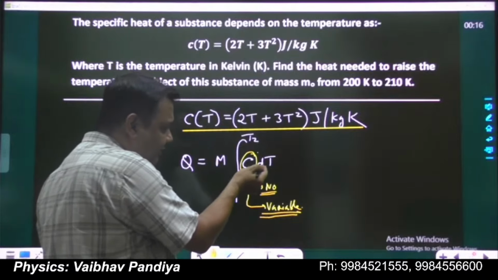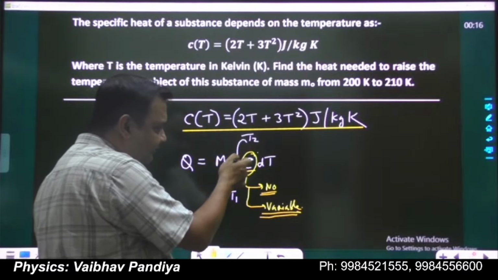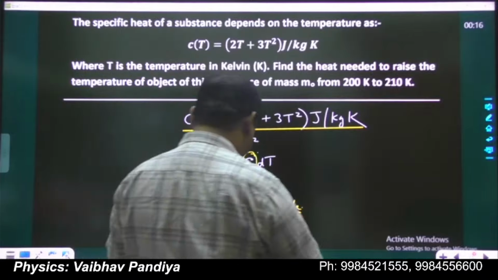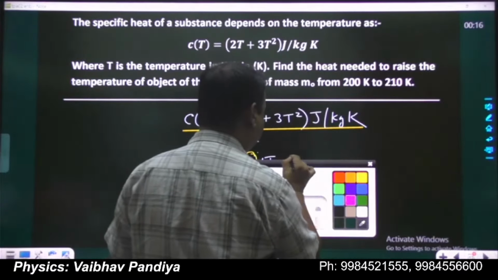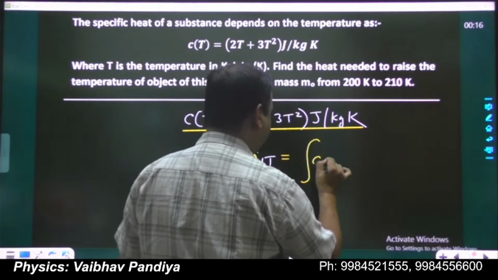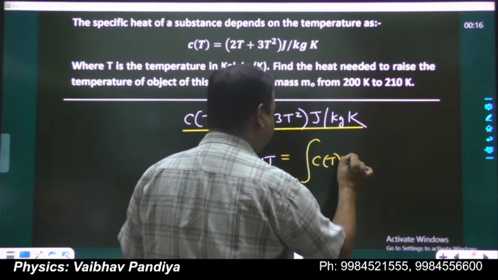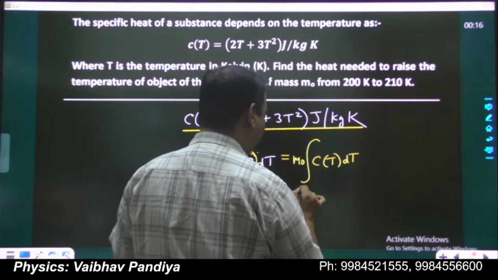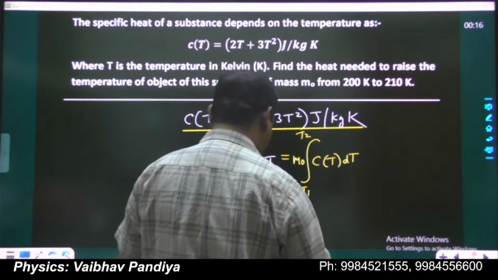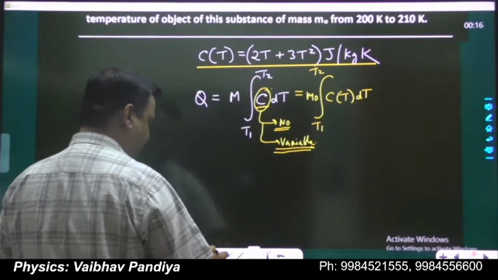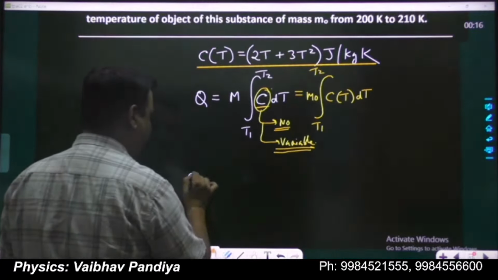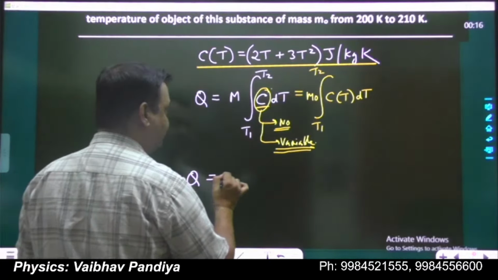So for solving the integral, we must have C as a function of temperature, and that is given in the problem. So we'll have C as a function of temperature dt m naught from T1 to T2. So let us put what is given. So it implies that Q will come to be m naught.